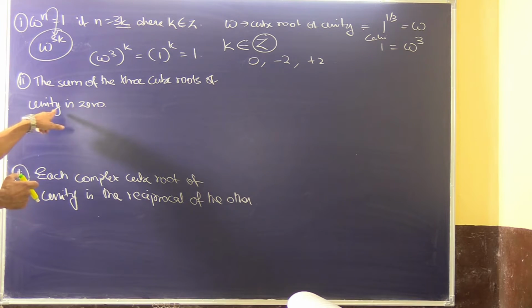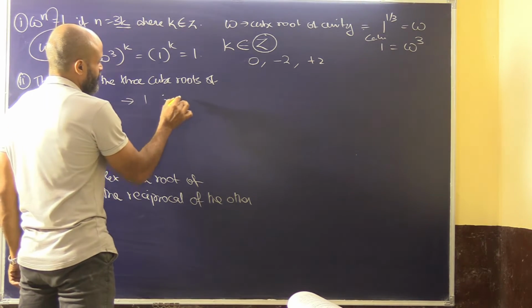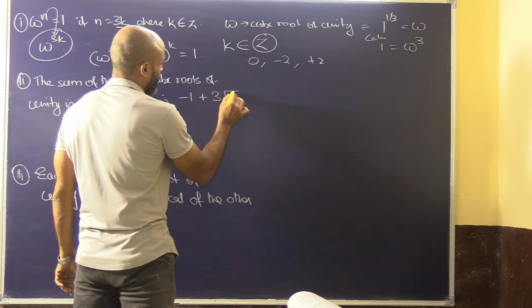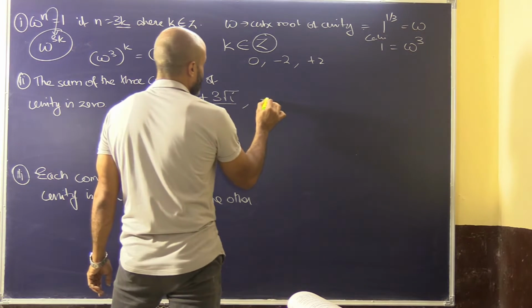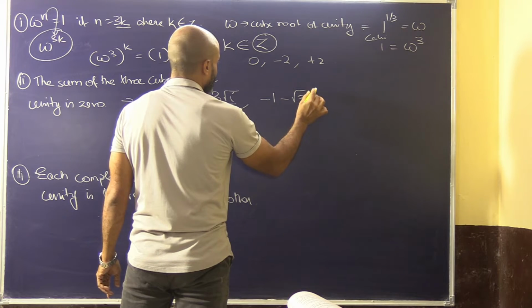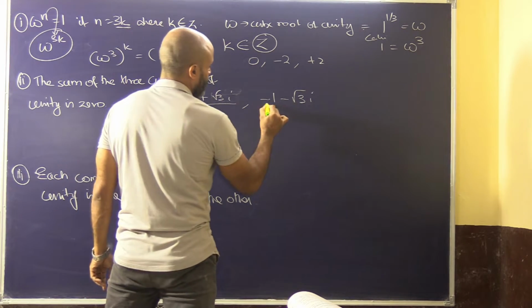The sum of the 3 cube roots of unity is 0. We know that the cube roots are 1, the other one is (-1 + under root 3i) upon 2, and the other one is (-1 - under root 3i) upon 2.